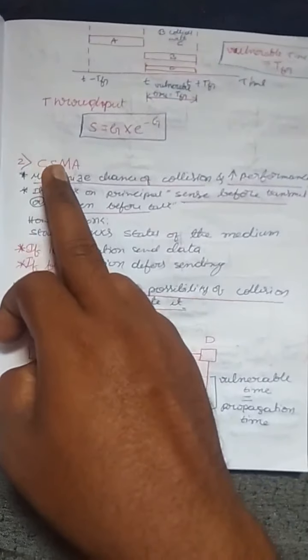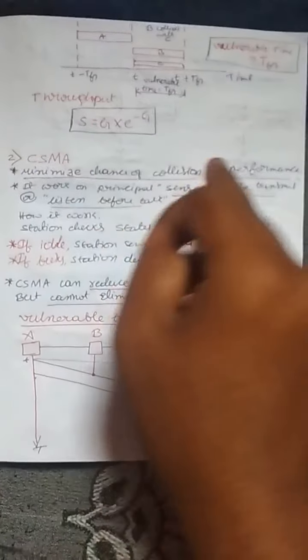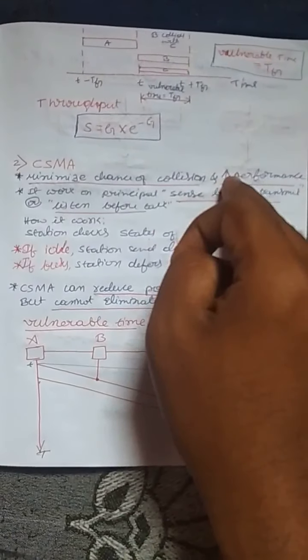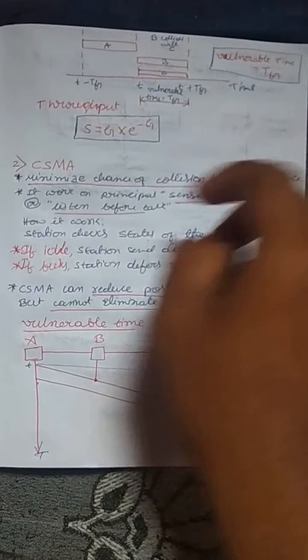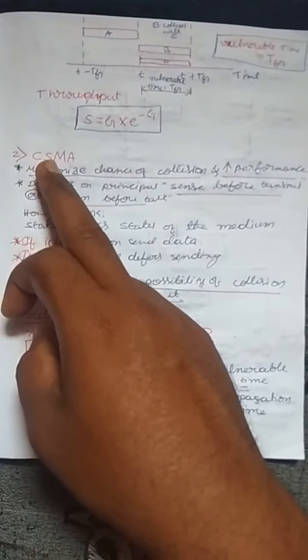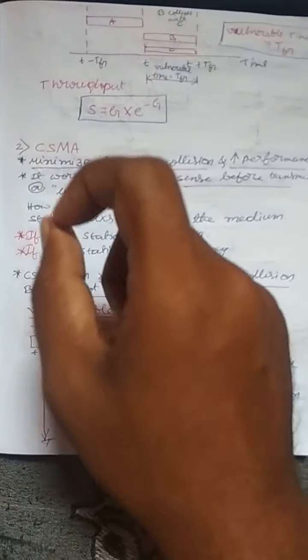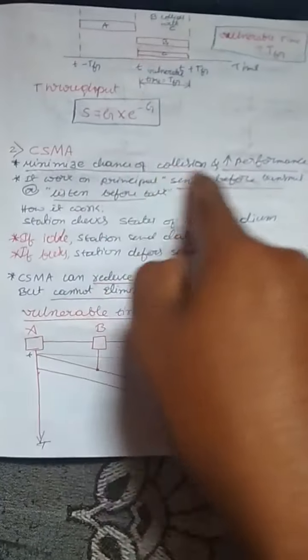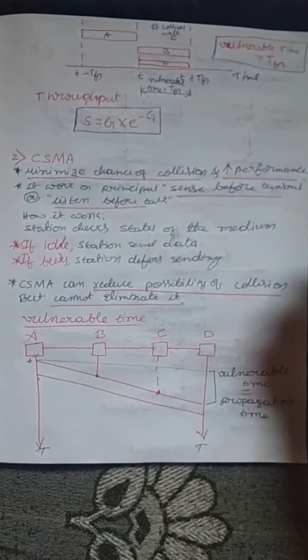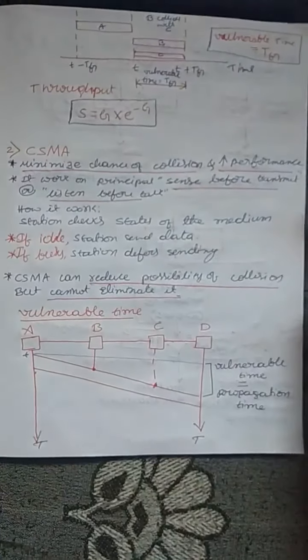It minimizes the chance of collision and improves performance. Using carrier sense multiple access, we reduce the collisions happening and improve performance. Automatically there is less collision, so performance will be high.